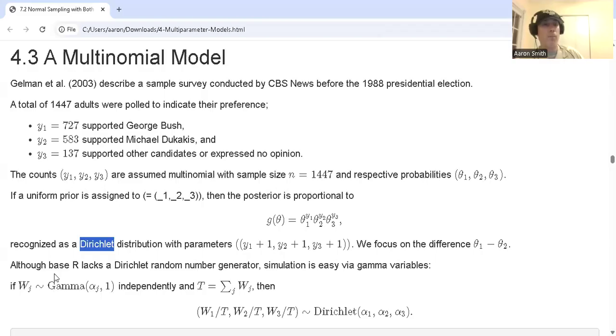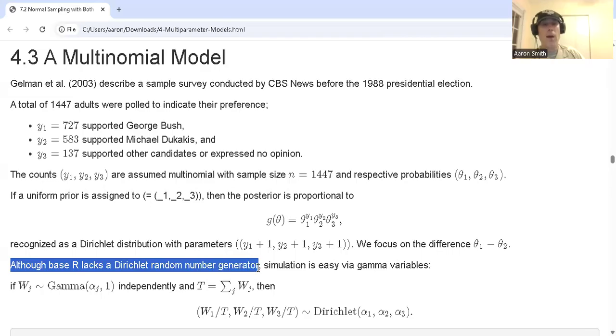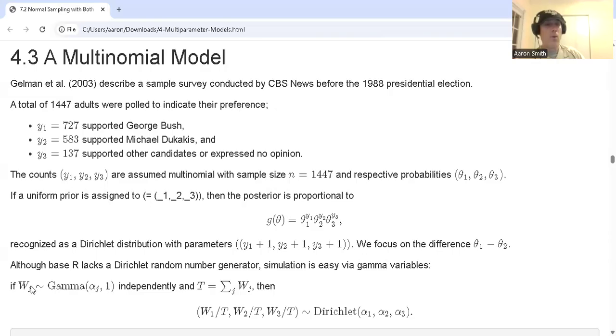anytime it's a probability vector. All right, so although R lacks a Dirichlet random number generator, a simulation is pretty easy with gamma variables. If I have a gamma random variable with alpha and any beta for the gamma distribution, then the vector of rescaled values to be a probability vector will be Dirichlet alpha 1, alpha 2, alpha 3.